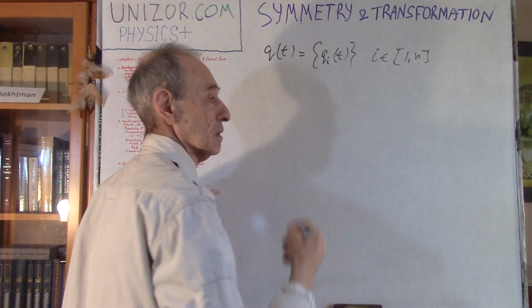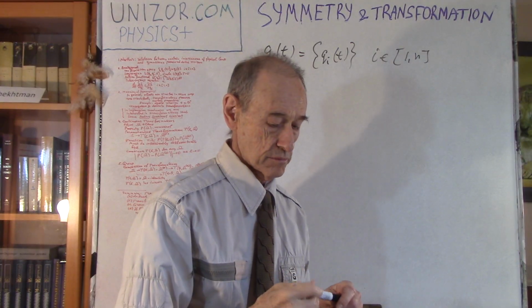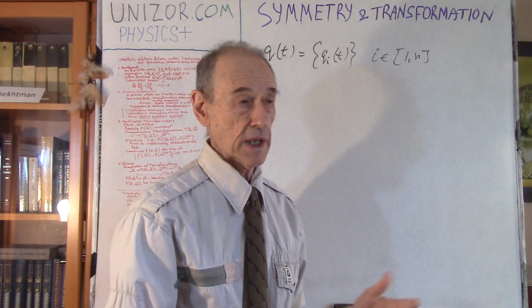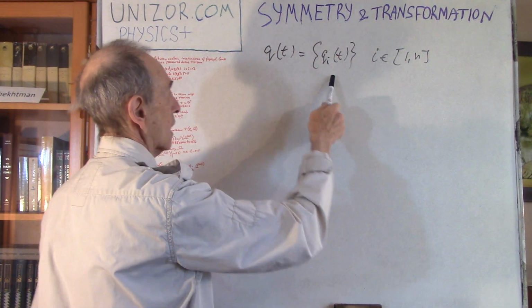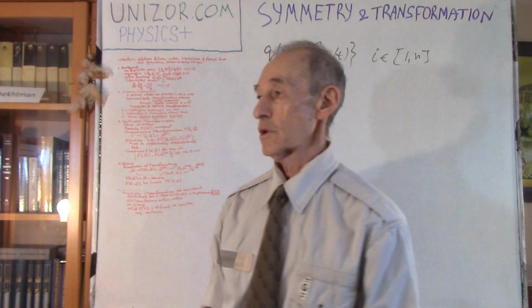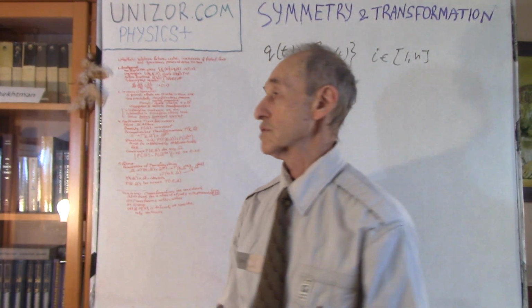It's n-dimensional, and is basically the degrees of freedom of a mechanical system. These are generalized coordinates, so they make up the configuration space.